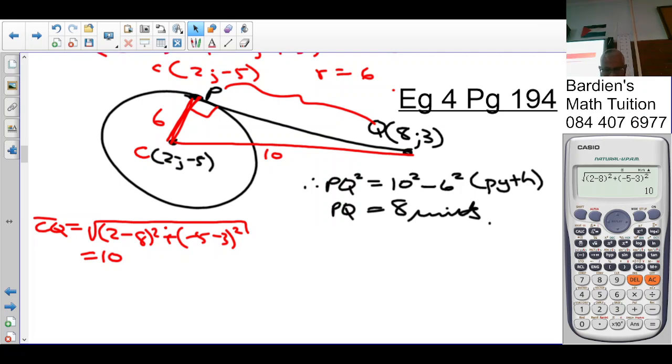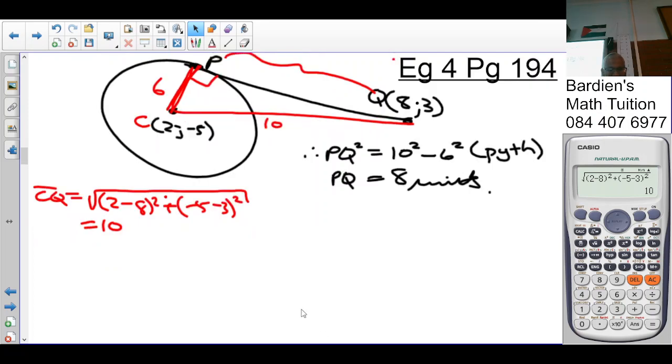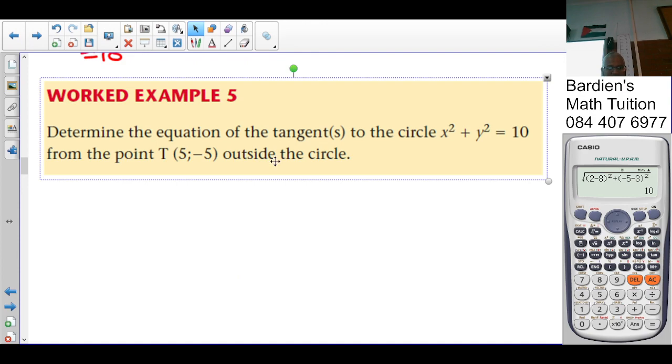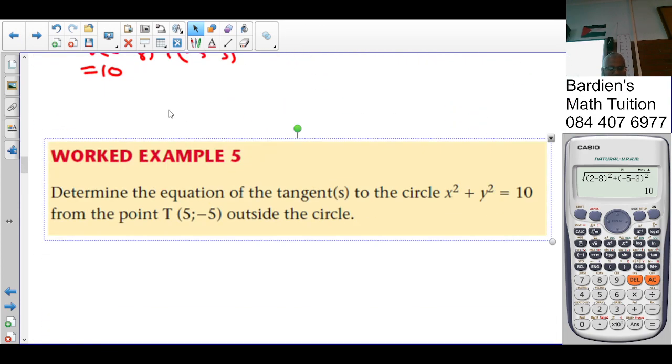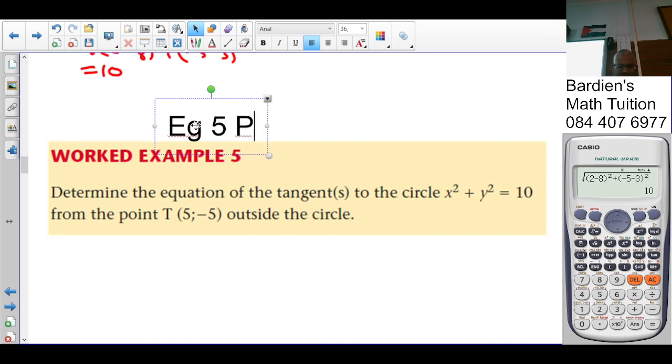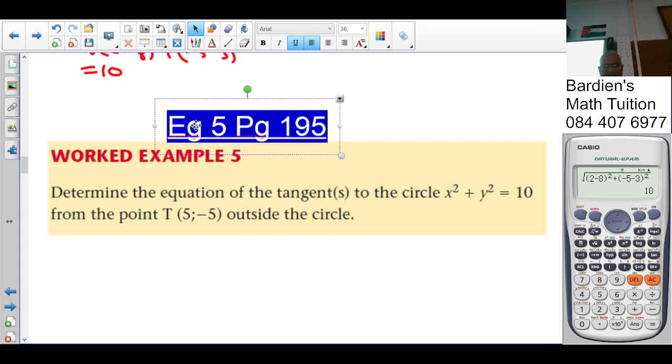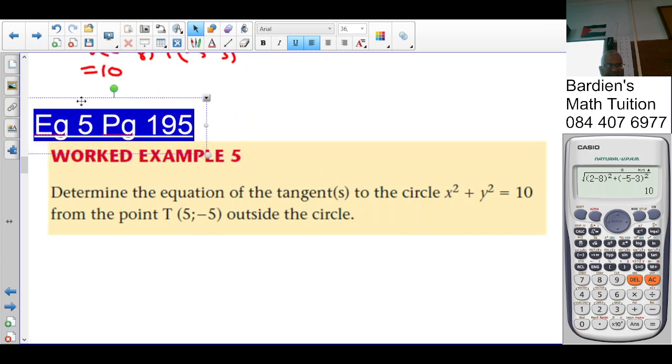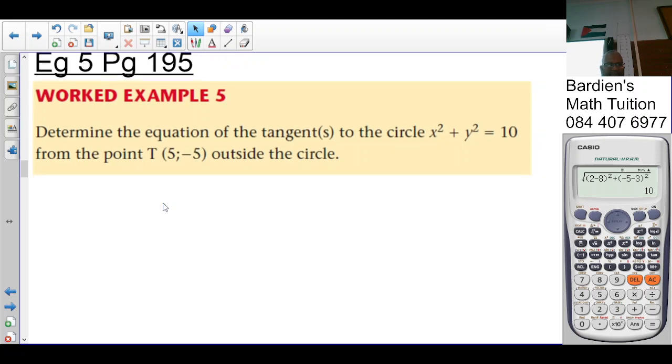Example 5. So on the next page. Okay, so the question says: determine the equation of the tangent or tangents to the circle x squared plus y squared is equal to 10 from the point (5, -5) outside the circle.